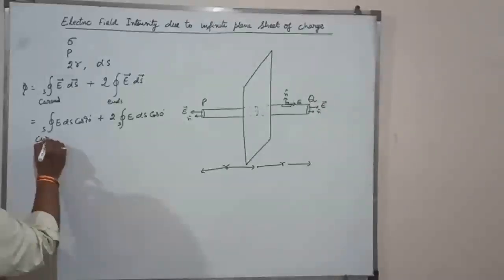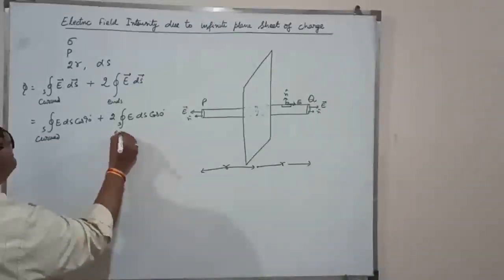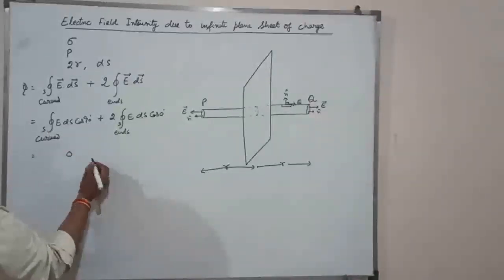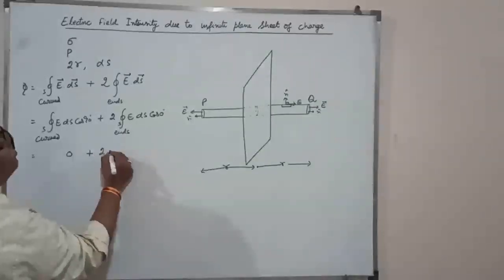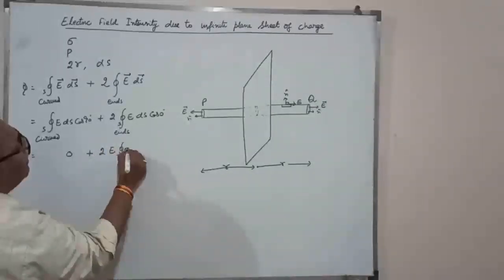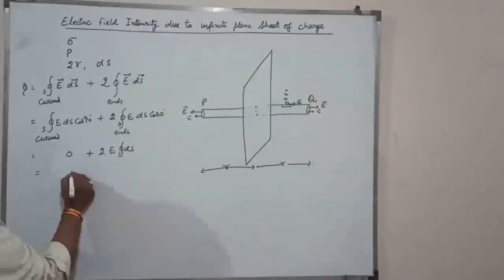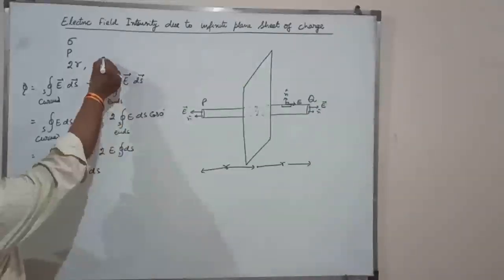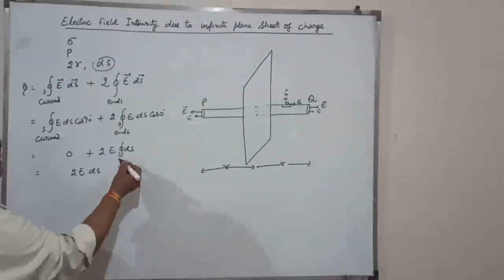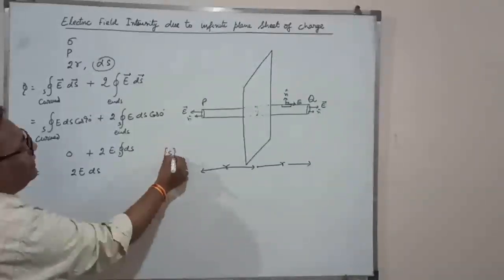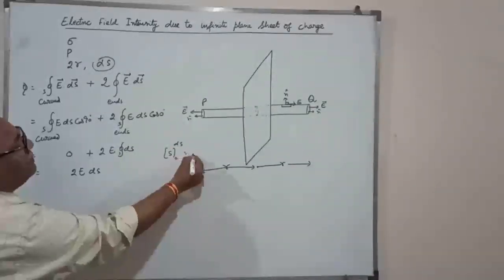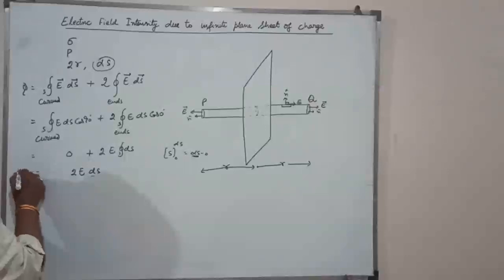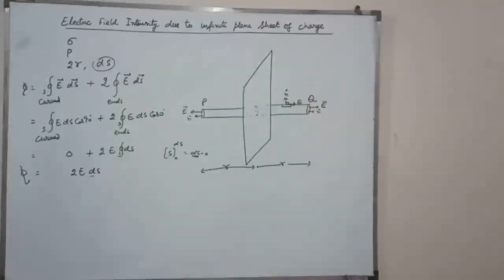This is for the curved surface, this is for the ends. Cos 90 is 0, so it is 2E into the integral of ds. The area of cross section is ds, so the integration limit 0 to ds becomes ds minus 0, that is ds. Clear? This is the total flux coming out from the Gaussian surface.